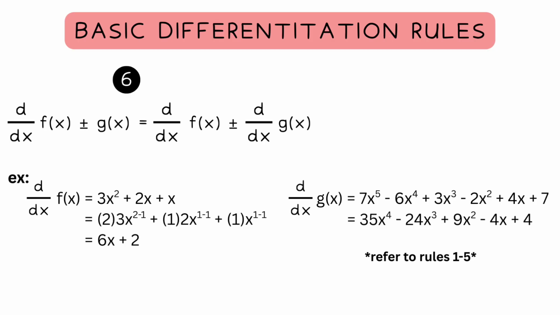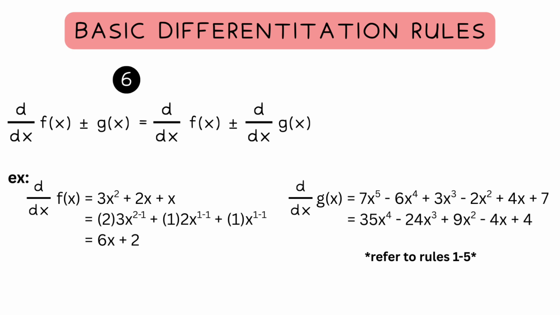This means we differentiate each term separately. The example from the slide, we differentiate each term. 3x squared becomes 6x. 2x becomes 2. So the final answer will be 6x plus 2.